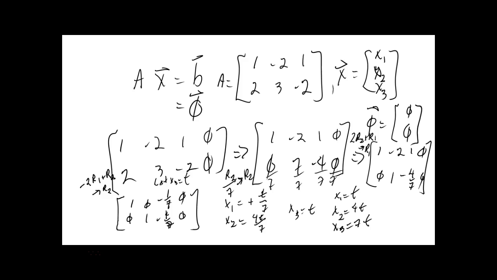When you have n variables, then x1 is times the first column, which is your A11, A21, down to Am1, plus x2 times A12, A22, down to Am2, plus xn times A1n, A2n, down to Amn.